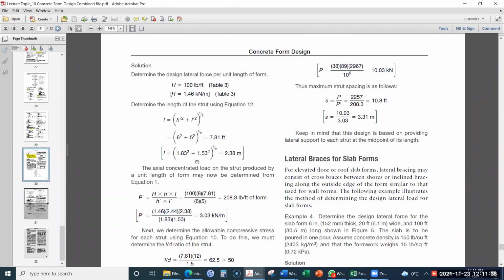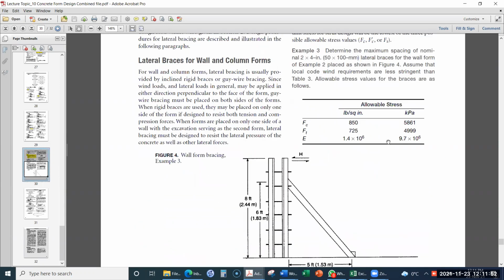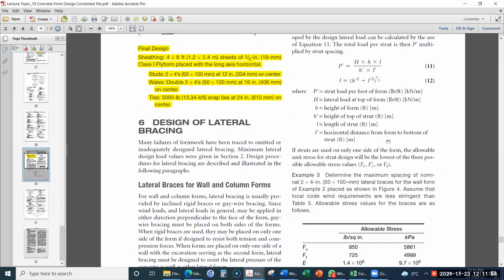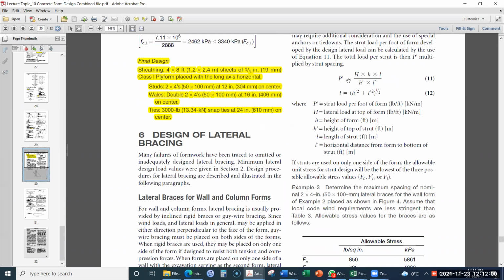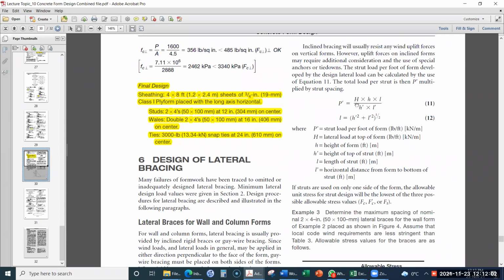Okay, we have the length. And this length we will use to find the axial concentrated load on the strut produced by a unit length of form, which may now be determined from equation number 11. So this equation we can use.